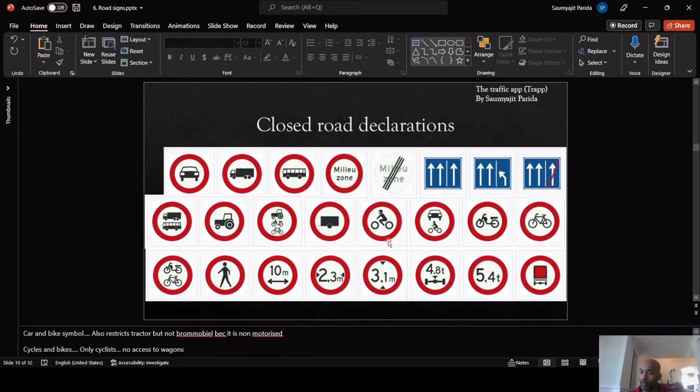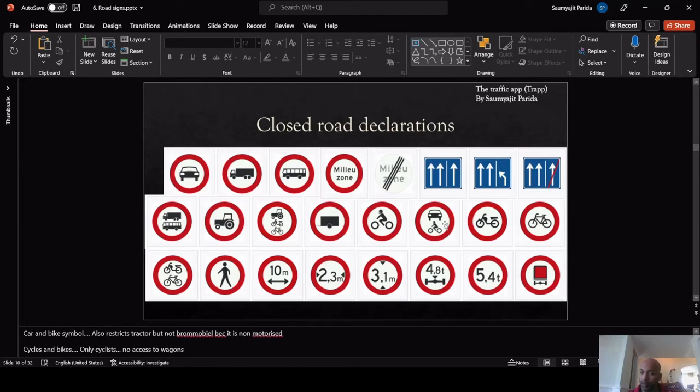Here motorbikes are not allowed. Here even the tractor and the Brommobiel are not allowed. Sorry, the Brommobiel is allowed. Sorry, this is my mistake. That is where I get confused. Here the four-wheeler, that is a car, is not allowed.